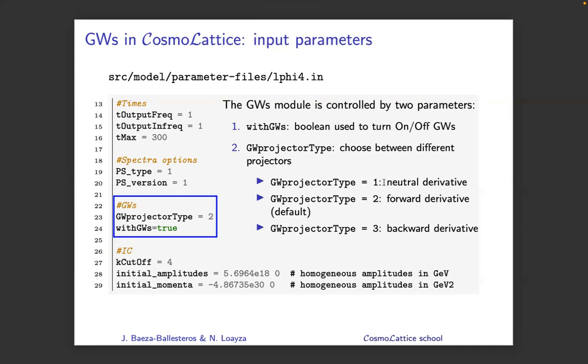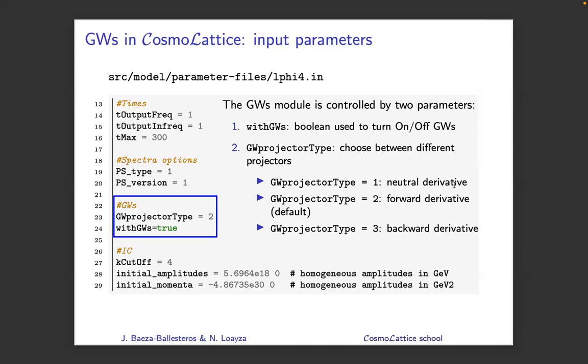So if you want to project your gravitational waves using a neutral derivative, that means a real value projector, you will set it to 1. If you want to do forward derivatives, you will set it to 2, or for backward derivatives, you will set it to 3. And the default value, that means if you just set gravitational waves equal to true and you don't add any parameter regarding the projector type, it will by default use the forward derivative.